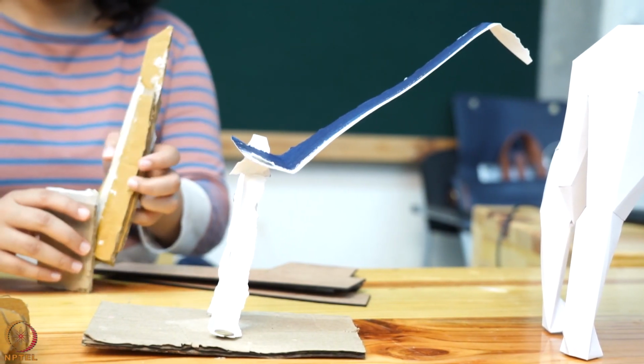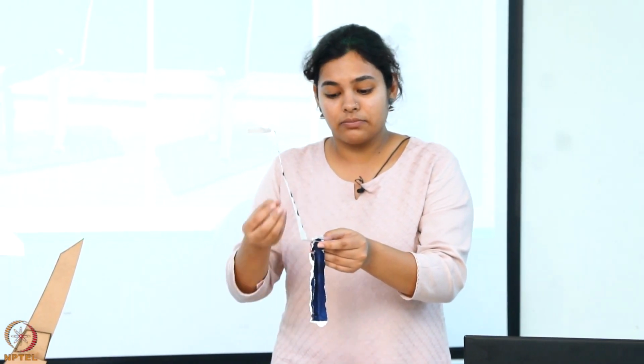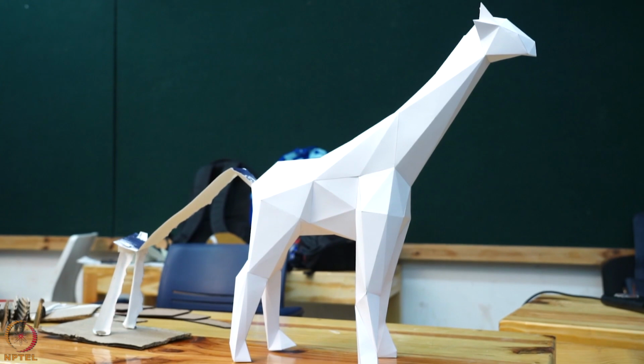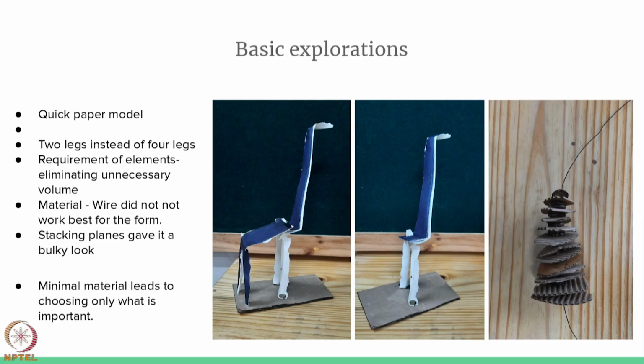I started by making this paper model with just 3 bits of paper attached together, with minimal effort, trying to convert a complex structure into a very minimal form, which still represents what the giraffe stands for: elongated and tall.